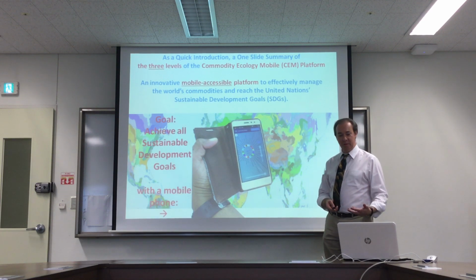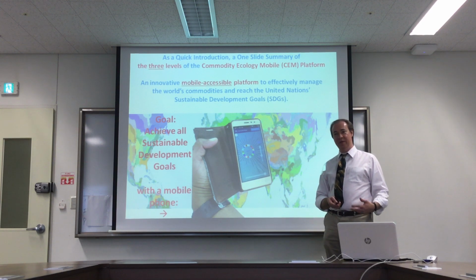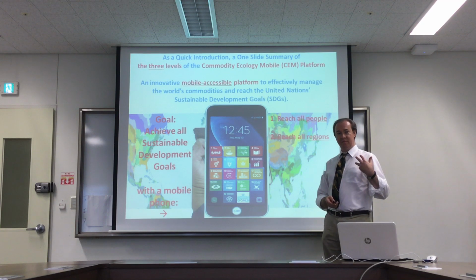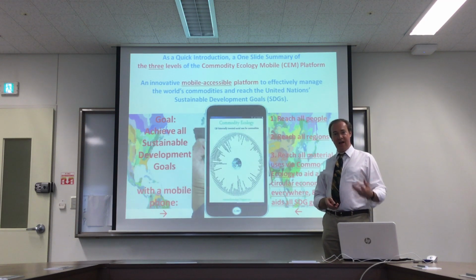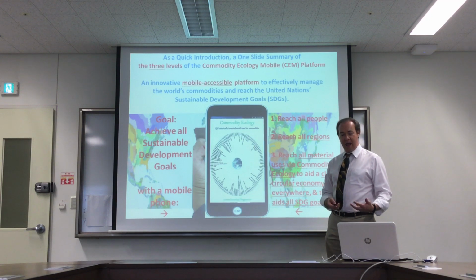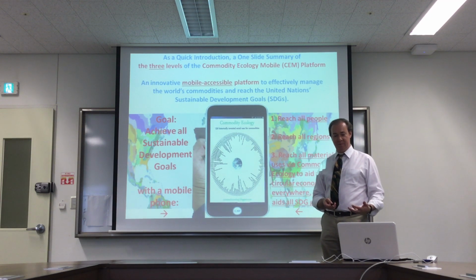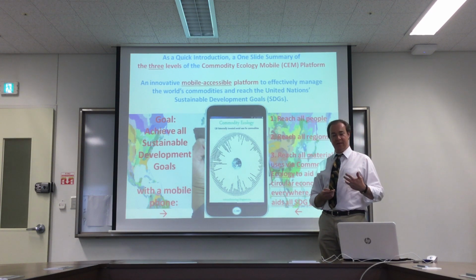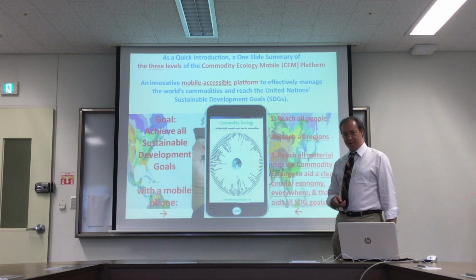And through that, we can achieve all sustainable development goals with this mobile phone when we link all people to all regions via my contribution called Commodity Ecology, via reaching all material uses. And that is a clean, circular economy everywhere that aids all SDG goals.